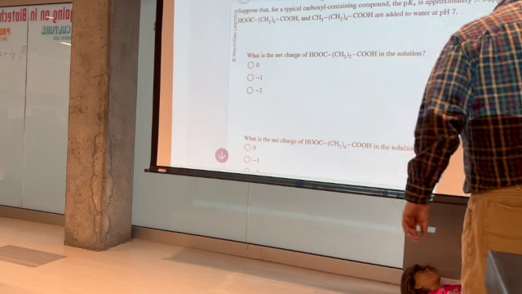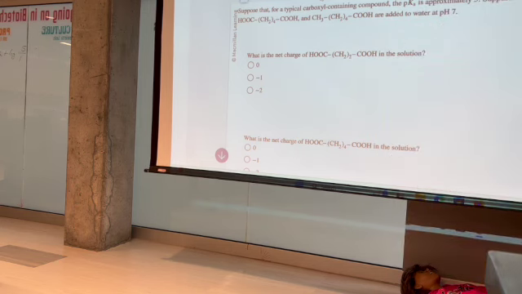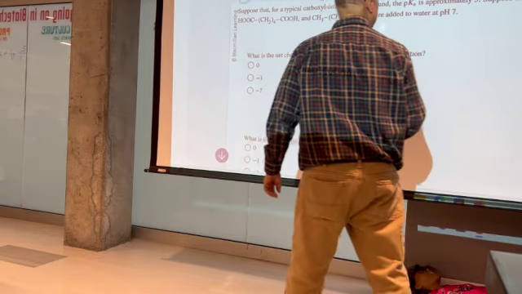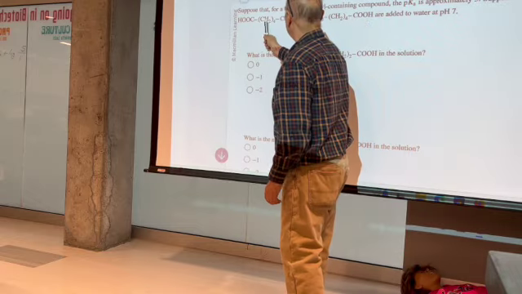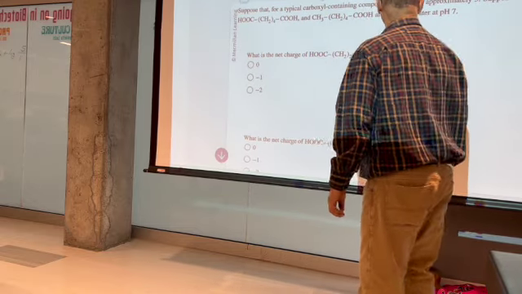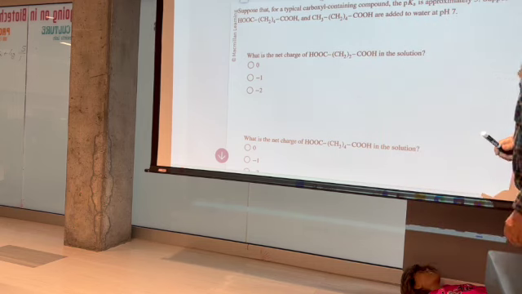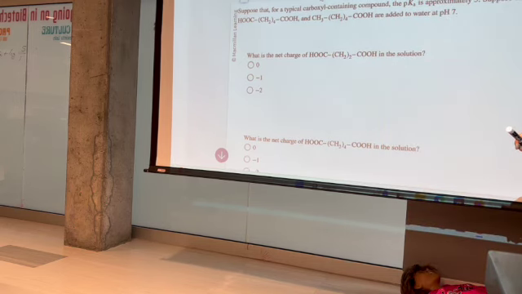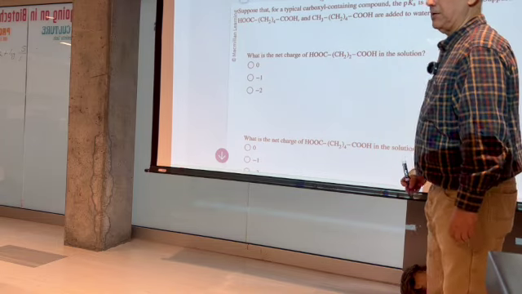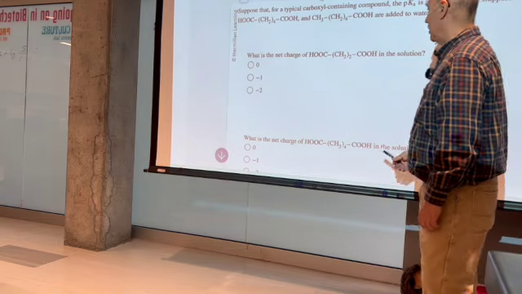So I'm sorry, I haven't looked at this problem and I'm just puzzled. So this one has 2 ionizable groups. This one has 2 ionizable groups, but with more hydrocarbon, and this has only 1 ionizable group. Oh, we just need to look at the charges. Never mind. I was reading it too much.